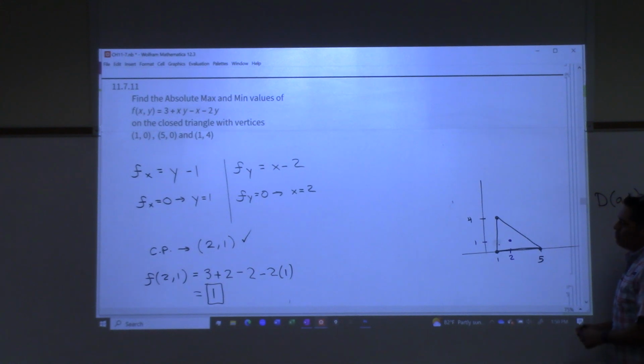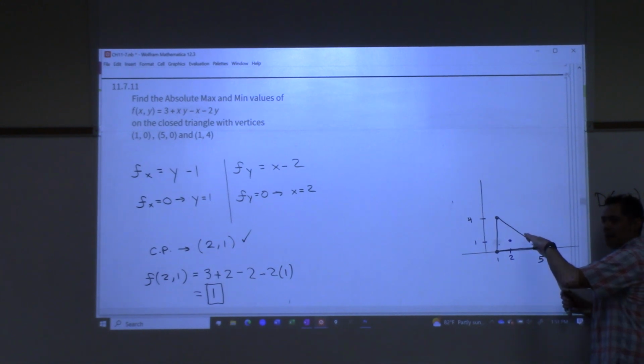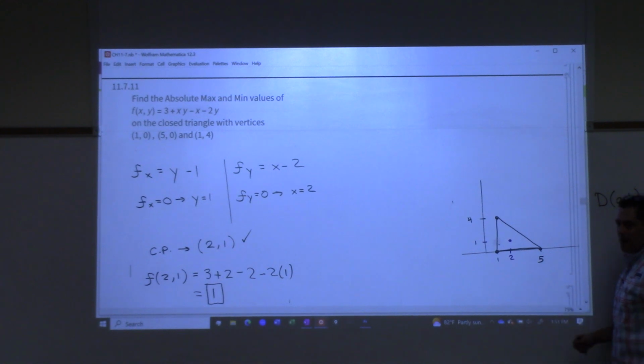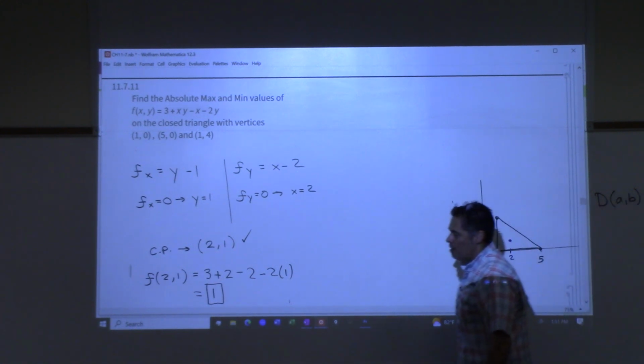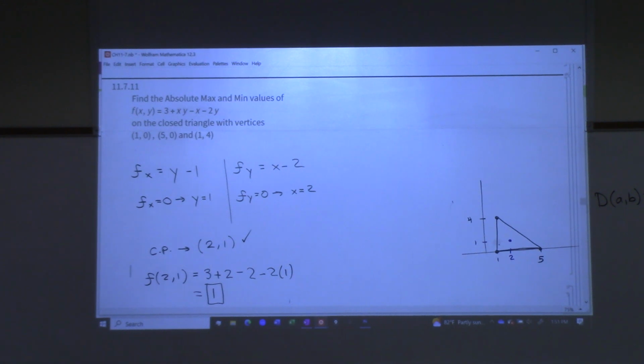You would have to look at this as a line segment and then do some sort of check to see if it's below or above, like we did when we did inequalities. I don't think you're going to run across anything in here where you're going to have trouble figuring out if that critical point is in there. It's just remembering to check. If it's not in there, it'll be obvious. If it is in there, it'll be obvious. Just don't forget to check.